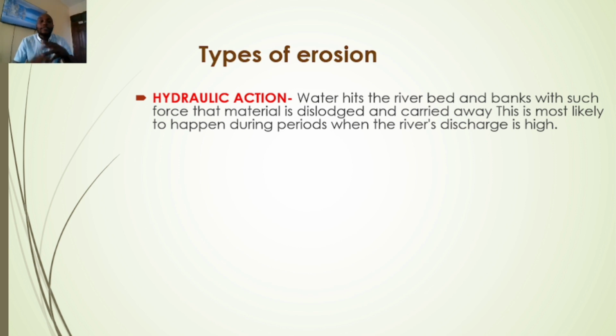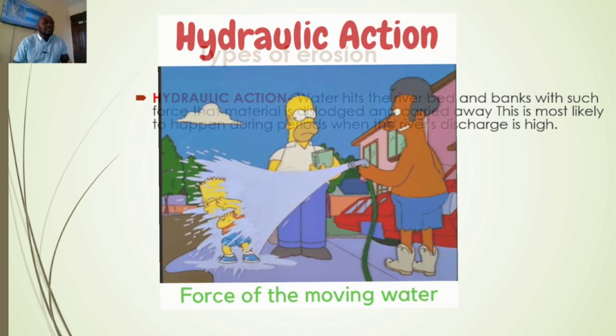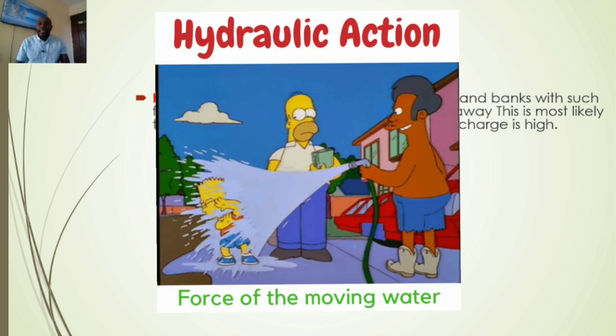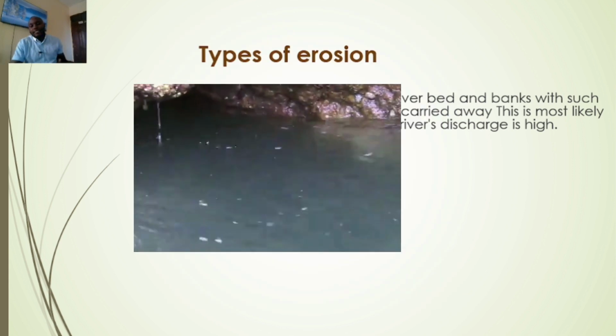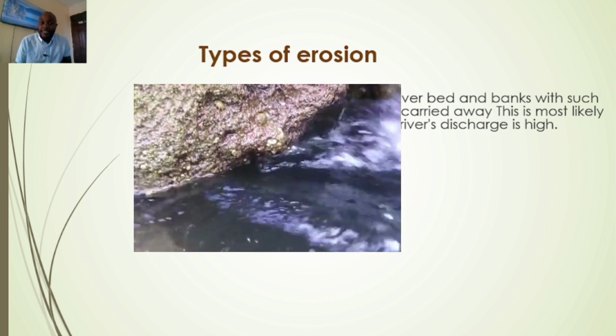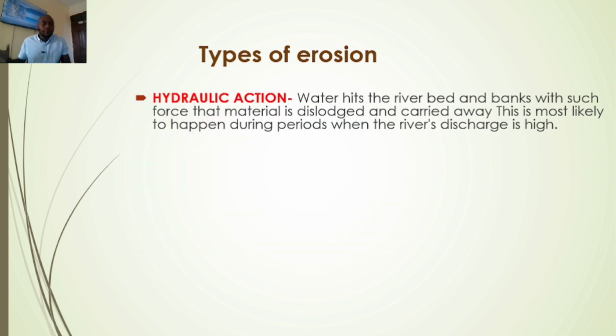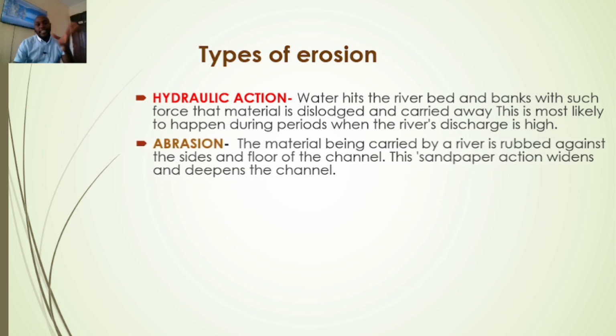When you hear something is hydraulic, we talk about the force of water hitting the rocks, maybe the cracks along the river bank, and that force breaks down those cracks and rocks. As easy as that. Hydraulic is like force. No chemical or temperature is involved. It's just force.